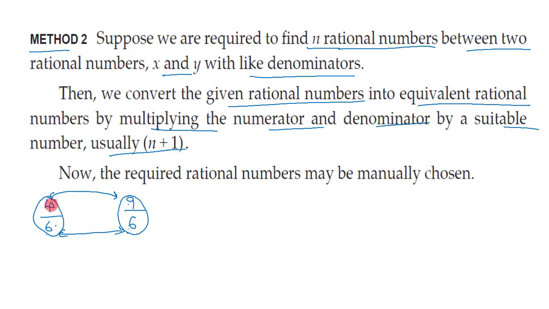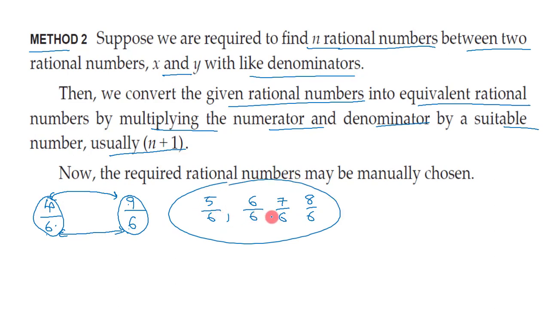What natural numbers lie between 4 and 9? That is 5, 6, 7, 8. So apply the denominator 6 to all these natural numbers, and you get the rational numbers which lie between 4 by 6 and 9 by 6.